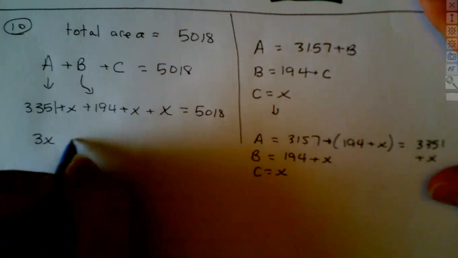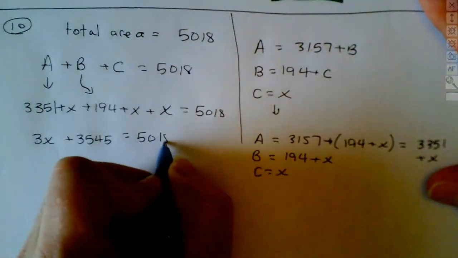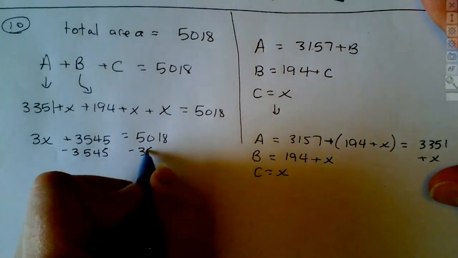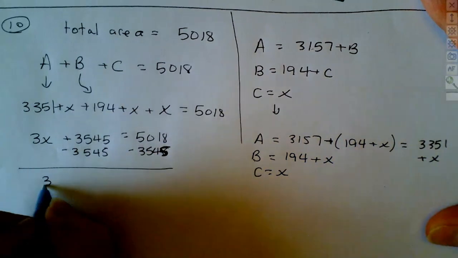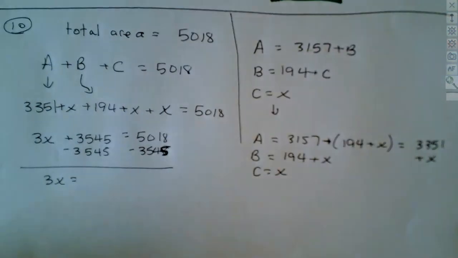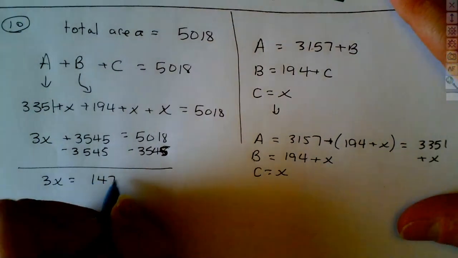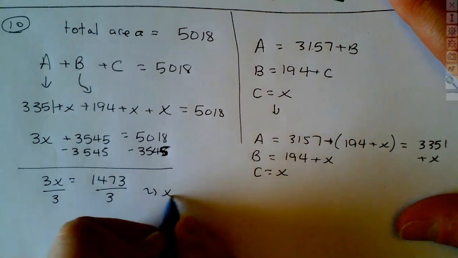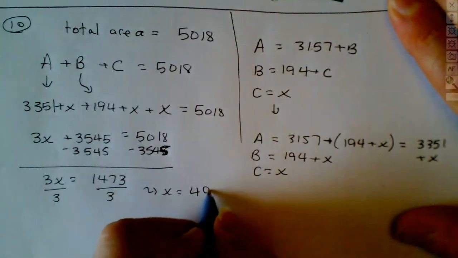That gives me 3545 equals that 5018. Move that 3545 over. Add those together. And we get 3x now equals 1473. Divide that by our 3, and we should end up with a whole number, hopefully. And we end up with 491.